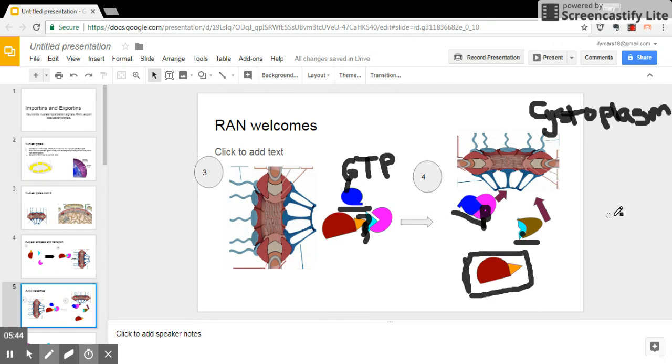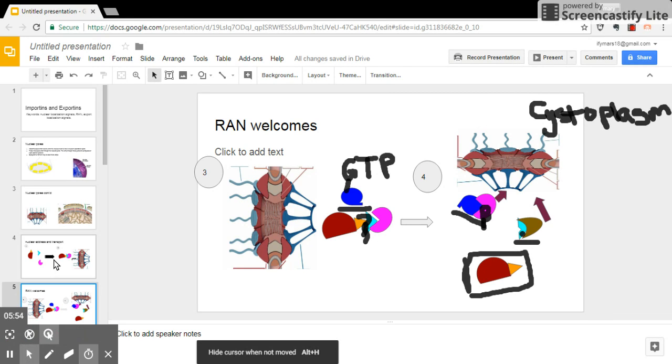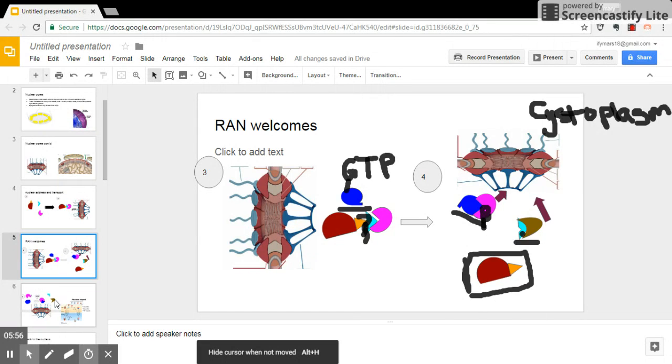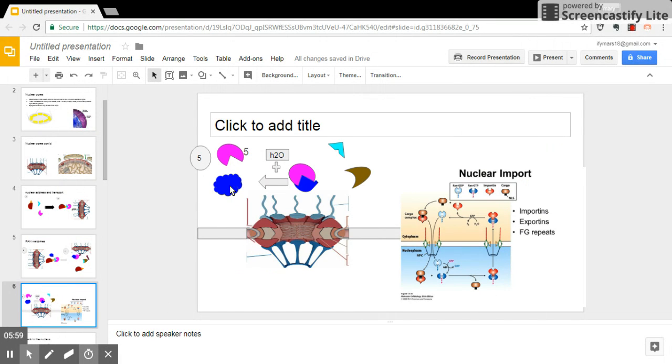One thing you should know is that these exportins also contain a nuclear export signal. That means we're going out, because you also need those. When we get to the cytoplasm, RAN GTP is going to be hydrolyzed into RAN GDP, so it's inactive.